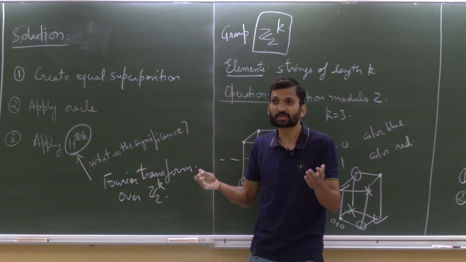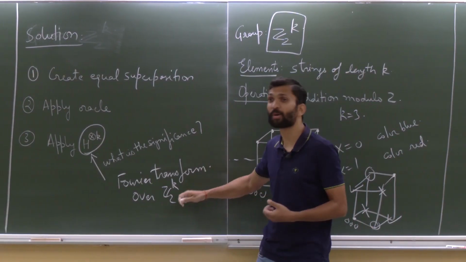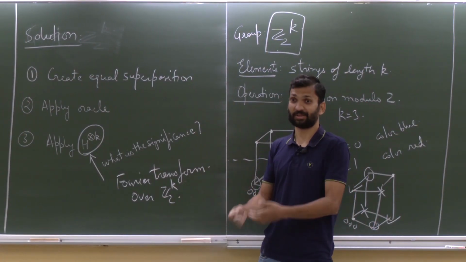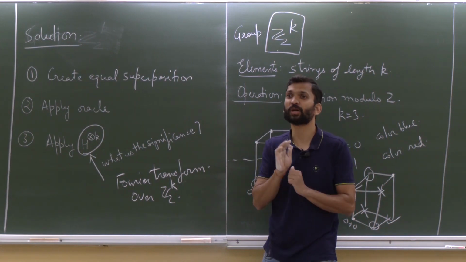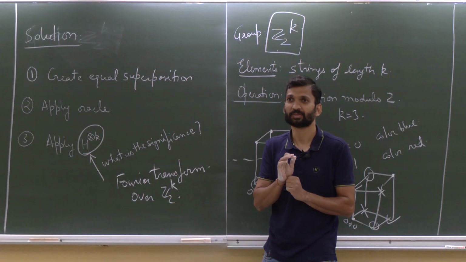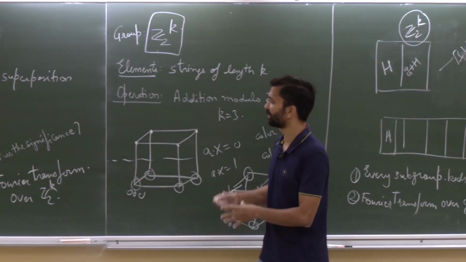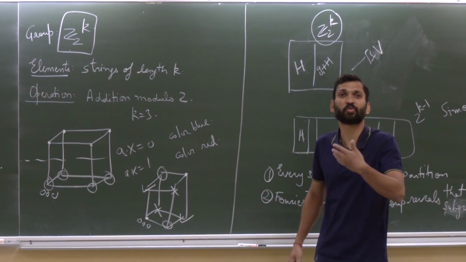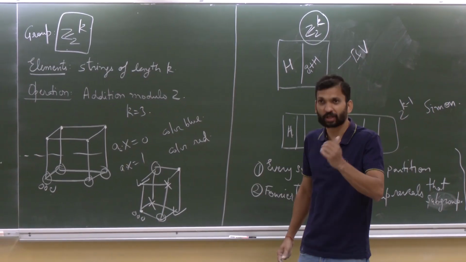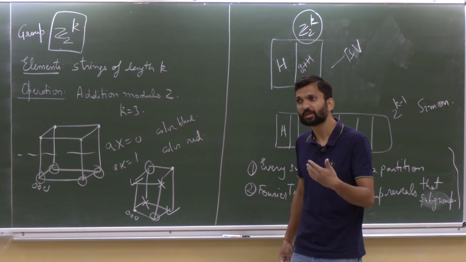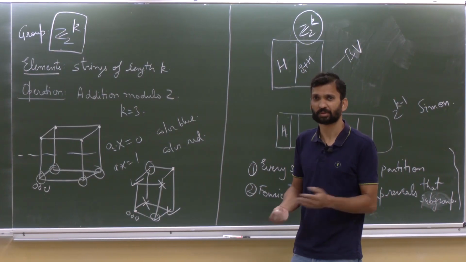We know so many groups. Is it possible to do Fourier transform over other groups that might be useful in the natural world? That's what we are going to see. Fourier transform has helped us over one group, so why not see other groups and find out if Fourier transform helps over those groups? Obvious, no?